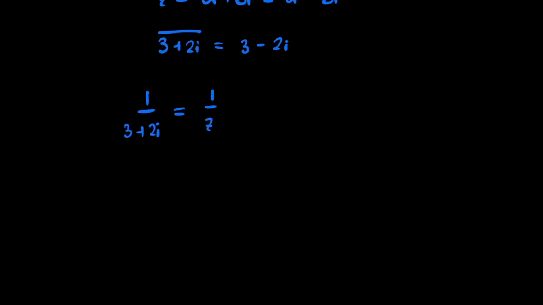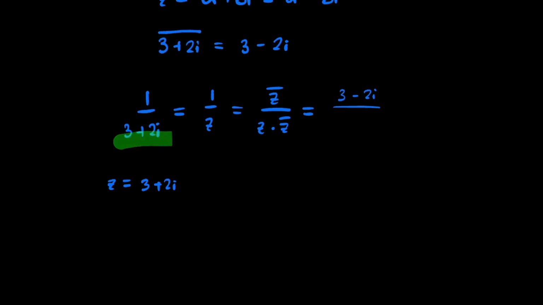So this is going to be equal to the conjugate on top and then multiplying our normal one times the conjugate of itself. So it will look something like this. 3 minus 2i on top. The normal one is 3 plus 2i, and the complex conjugate of that will be 3 minus 2i.